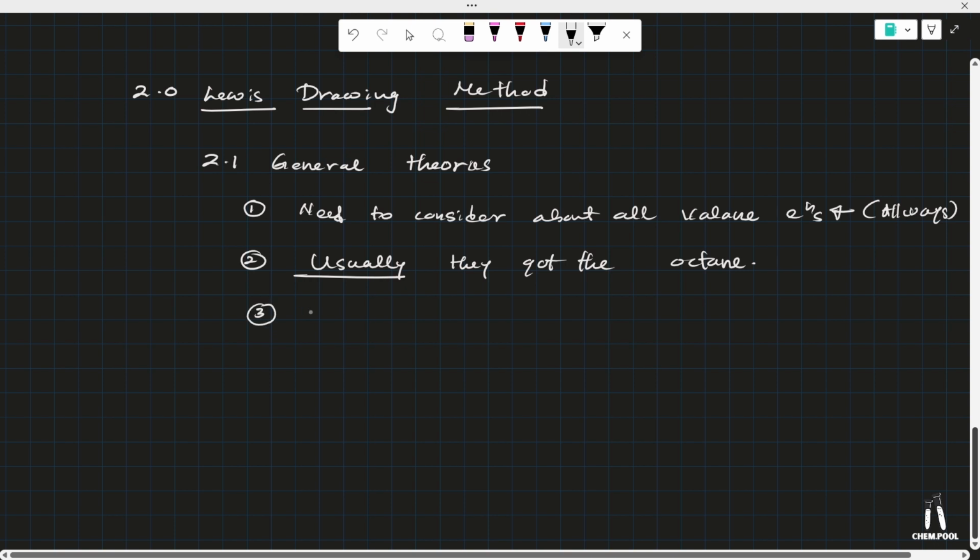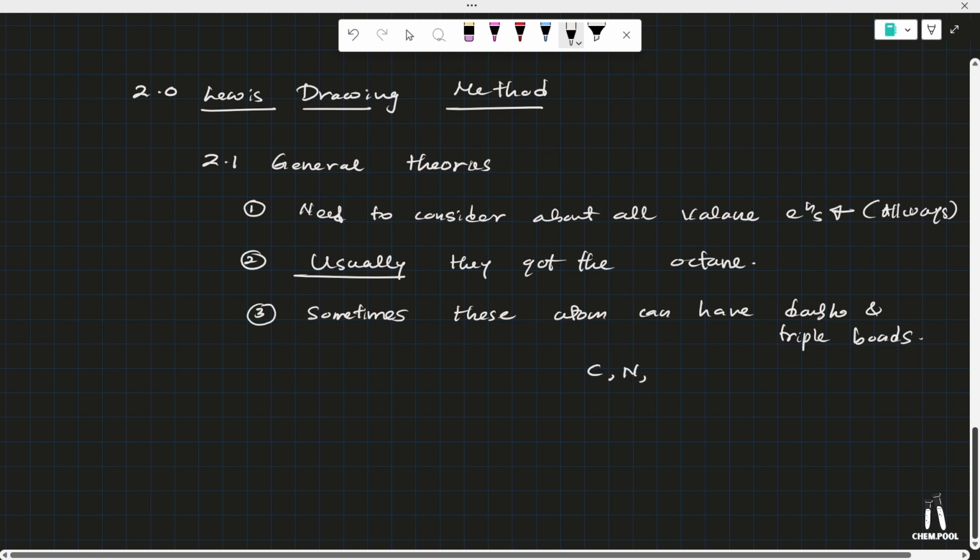Then third one is sometimes these atoms can have double bonds and triple bonds, right? Then which atoms form double and triple bonds? What are the atoms?